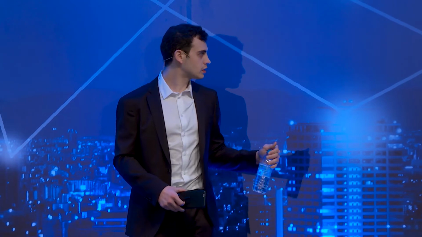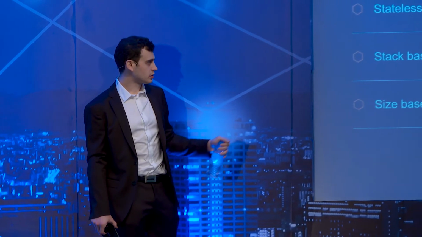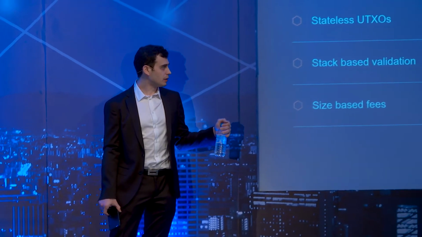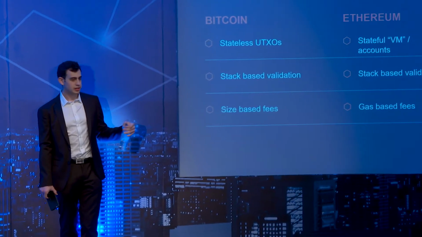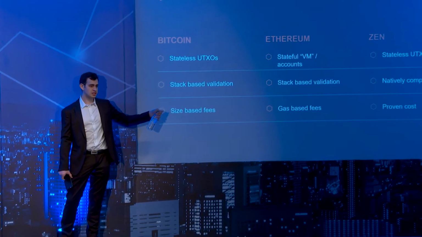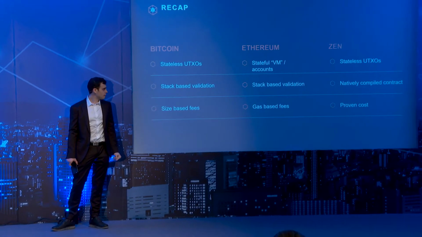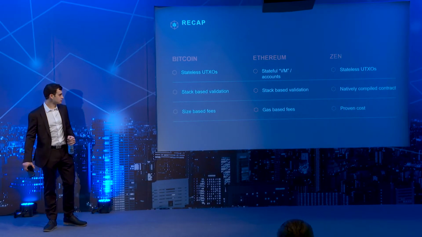So a quick recap of the differences. Bitcoin is based on stateless UTXOs. Validation of the transaction is based on a stack, and the way you determine fees is by the size of the transaction. Ethereum is a stateful virtual machine. You validate an operation using the same paradigm as Bitcoin, a stack, and you calculate the fees using gas.